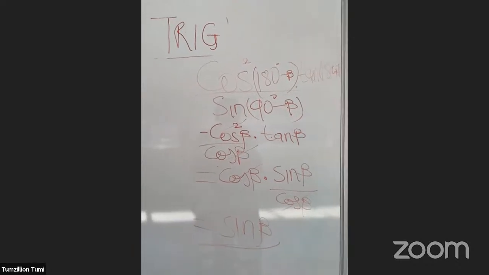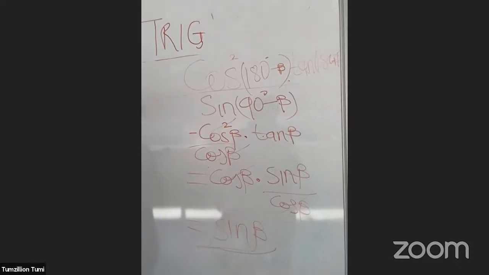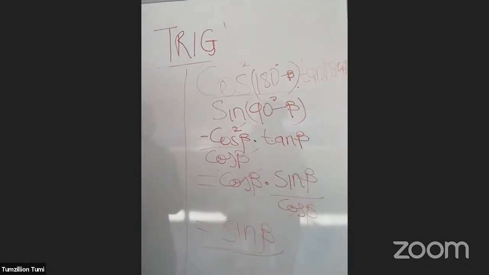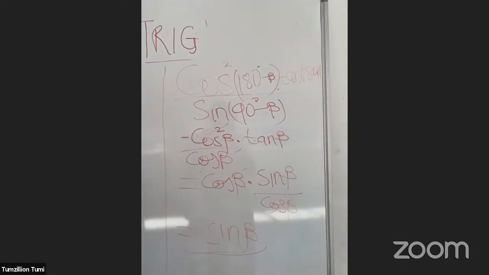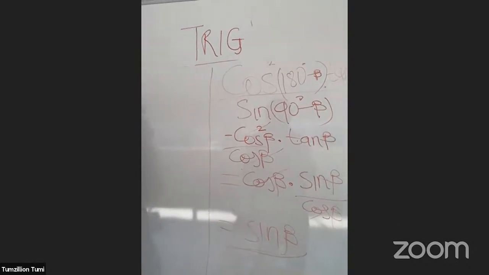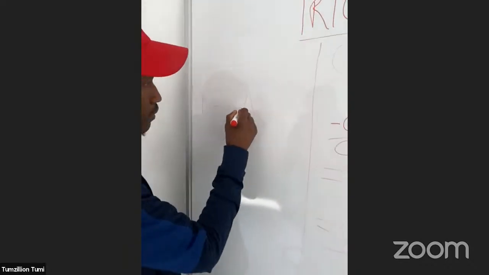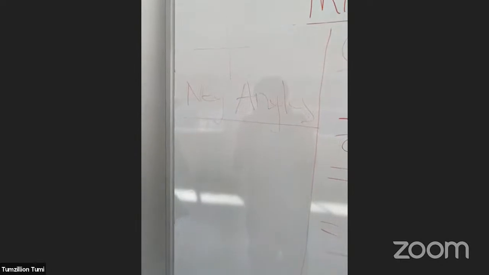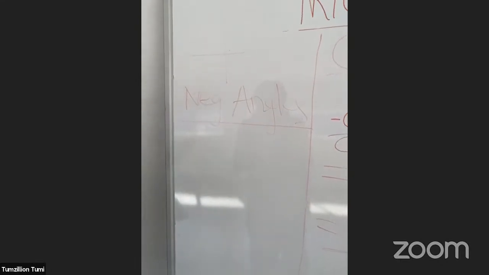So let's look into something quickly, which I know you learned in school. Remember that when we have something like that, we are having what we call negative angles. So what are negative angles really?